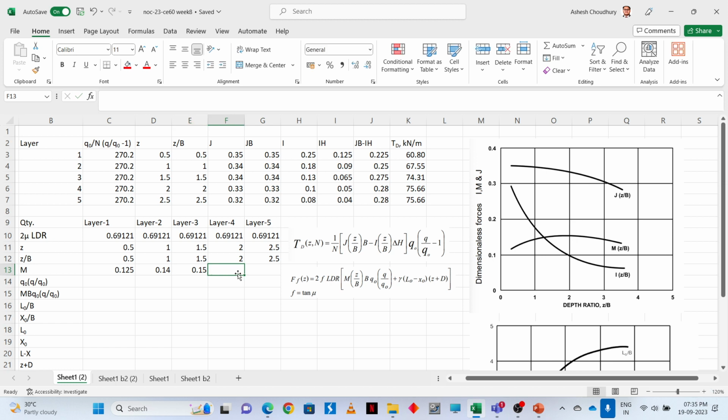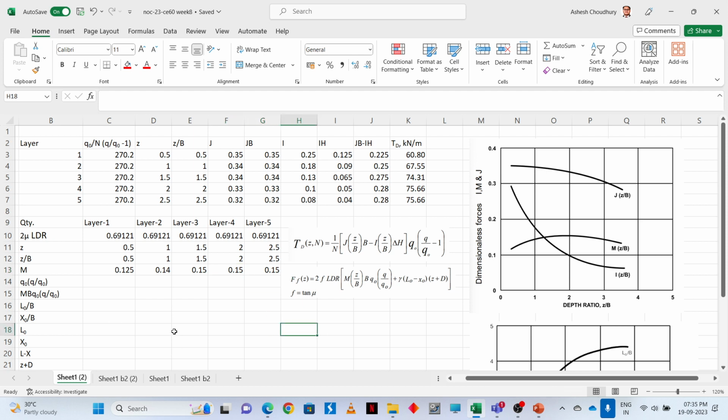For 2, it is maybe 0.16, but it is almost constant here, so take 0.15 only. For 2.5, approximately less than 0.15, so you can take 0.15.